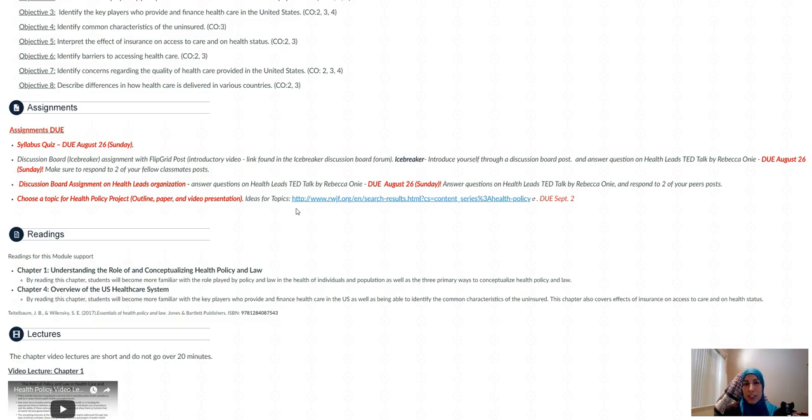I always suggest for my students to constantly look back at the weekly schedule. It's kind of like a blueprint of how the schedule is laid out, when the assignments are due, the assigned readings, and all of that good stuff.